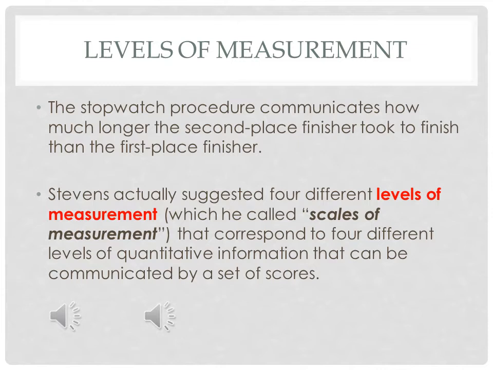We have already mentioned the scaling techniques in the starting itself, in the introduction to measurement and some of the scaling techniques. Stevens referred to them as scales of measurement, all related to levels of quantitative information that can be communicated by a set of scores.